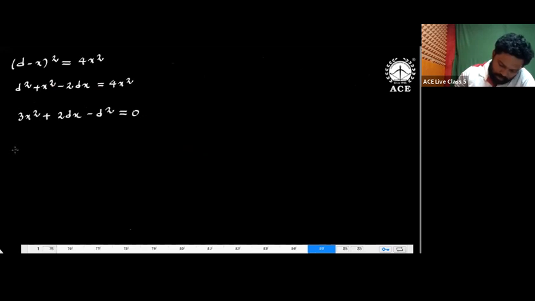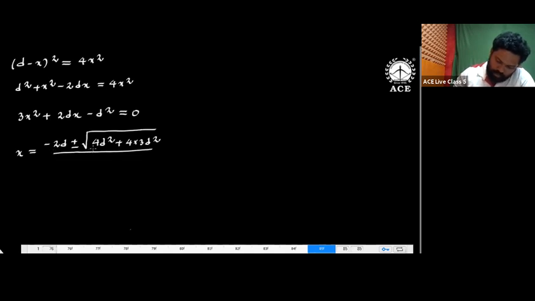So what is this x? x is equal to minus b plus or minus square root of b square minus 4ac by 2a. b square is 4d square plus 4 into 3 into d square, divided by 2 into 3.